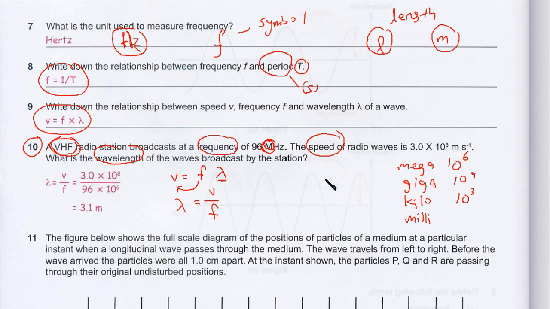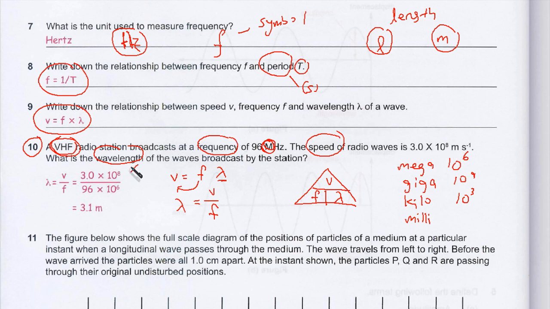You must know how to manipulate the formulas. If you don't know how to manipulate, try to use the triangle, but do not depend on the triangle too much. V is on top, F and lambda below. If you want to find lambda, you cover up lambda and it is V over F. All you have to do is substitute the values. The speed of the wave is 3.0 times 10 to the power 8.